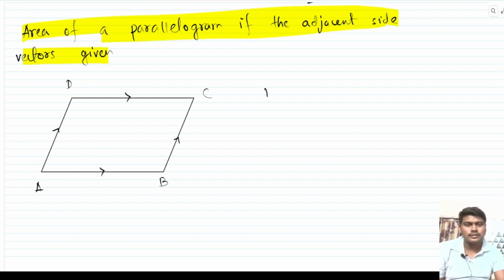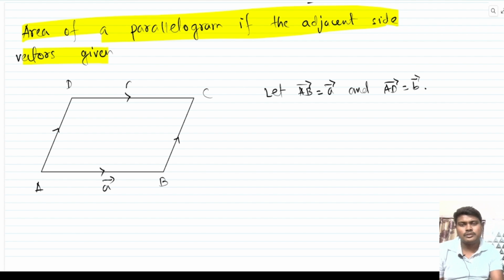Let AB vector be equal to small a vector and AD vector be equal to small b vector. Then DC is also a vector since AB and DC are parallel. And as AD and BC are parallel, BC is also b vector.